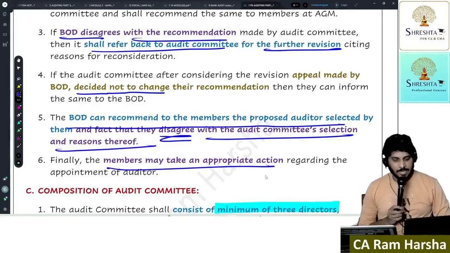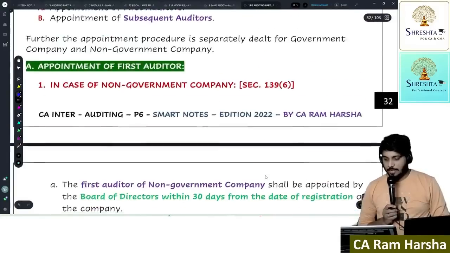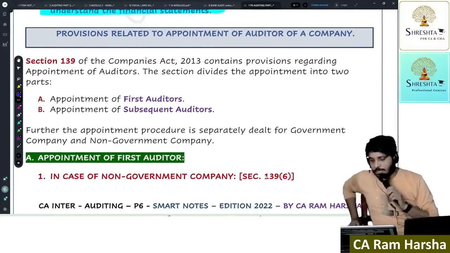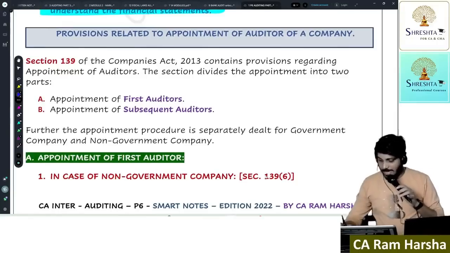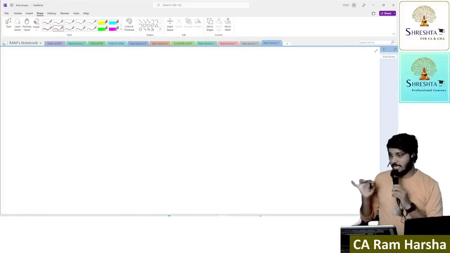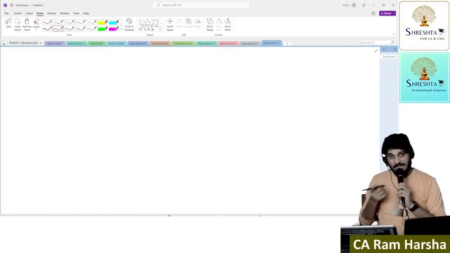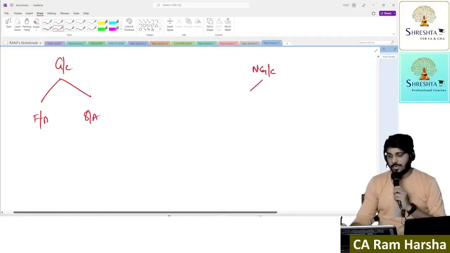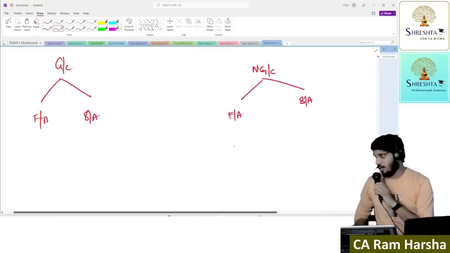Easy. Next. So what is the appointment procedure? What are the provisions related to appointment? Again, I told you the appointment process is different for government company and non-government company. For a government company itself, we have how to appoint the first auditor and how to appoint a subsequent auditor. Non-government company also, we have how to appoint the first auditor and how to appoint a subsequent auditor.